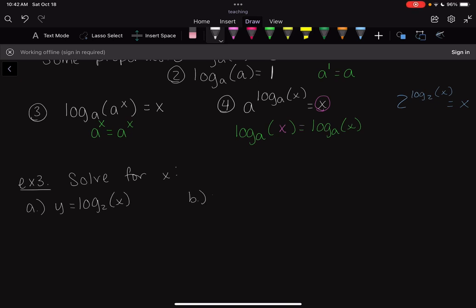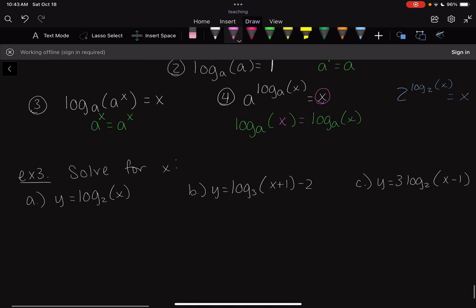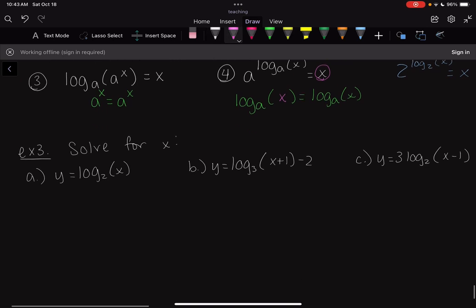For b, we've got y equals log base 3, x plus 1 minus 2. And c, we have y equals 3 log base 2, x minus 1. A big reason that I want us to do this is because of how we're going to graph.